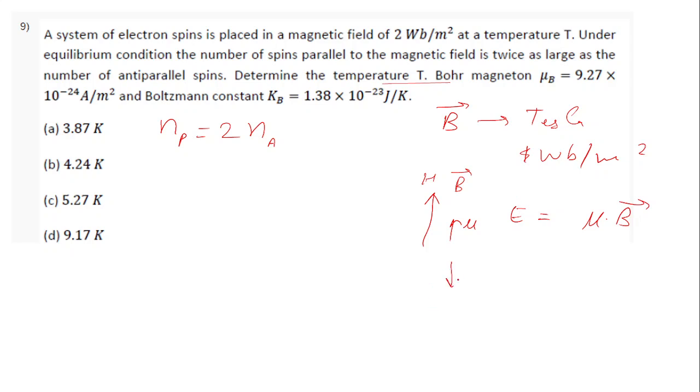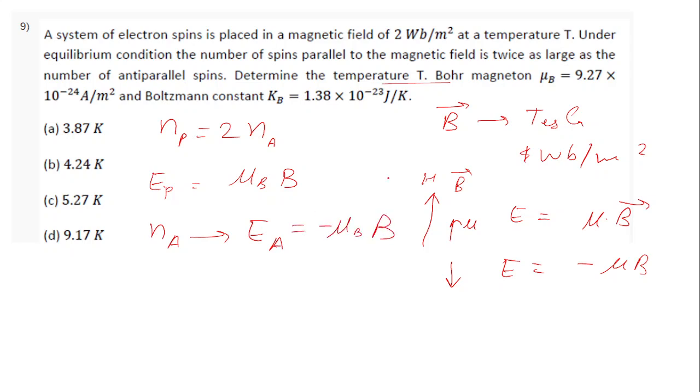And if the magnetic moment is anti-parallel, then its energy is minus mu B. Okay. So for the parallel magnetic moment, the energy, if I'll call it EP, if it is for electron, I can also call it mu B, Bohr magneton, multiplied by the magnetic field. And for anti-parallel magnetic moments, the energy, let's call it EA, will be minus mu B times B. Magnitude will be same, the sign will be negative.